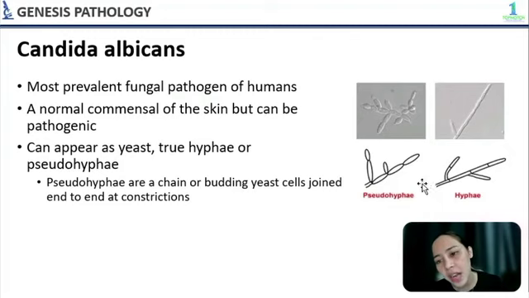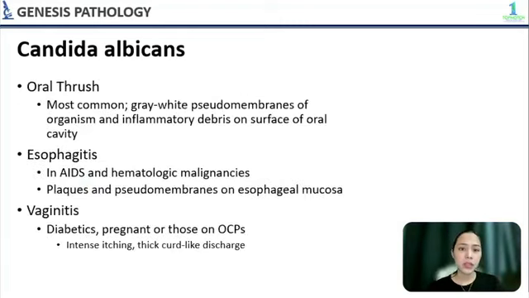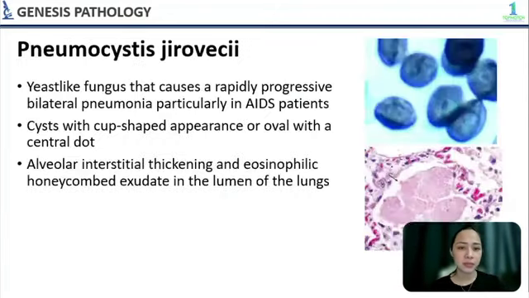Pseudohyphae siya kasi mukha siyang hyphae, pero hindi kasi it's just made up of budding yeast cells, okay, that are joined by constriction. So yung mga diseases na kinokos ng Candida albicans mo includes your oral thrush, esophagitis, vaginitis, cutaneous manifestation, as well as invasive infections causing abscesses.